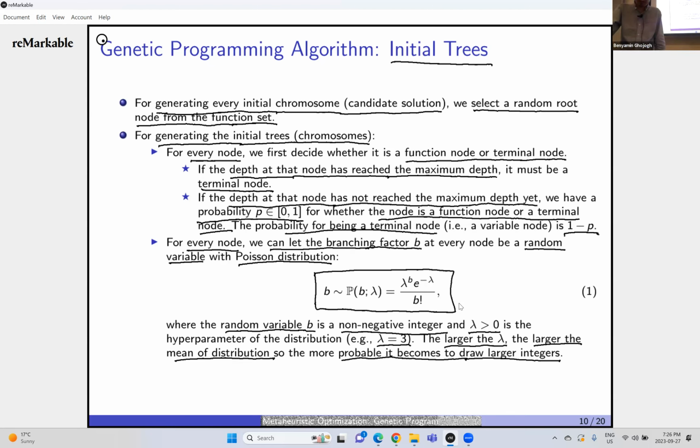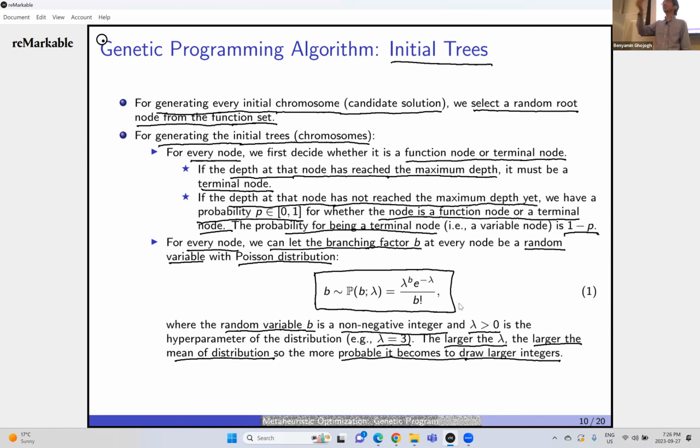The second line talks about generating the initial chromosome in its solution. Select a random root node from the function set. And then you decide whether it's a function node or a terminal node. No, the whole thing is together. This slide is one thing, not two things. There's one thing: how to generate the random initial trees.